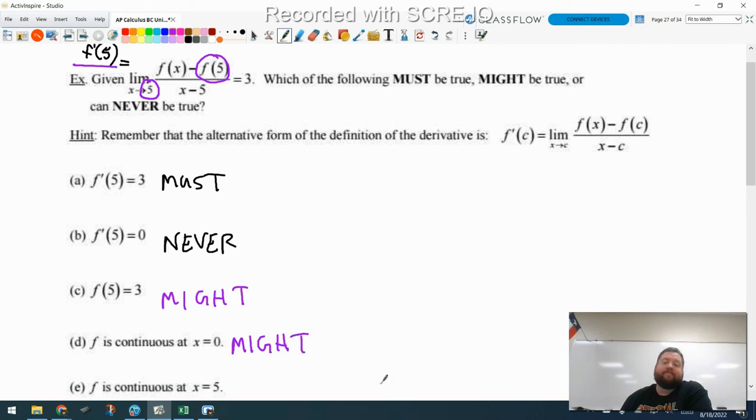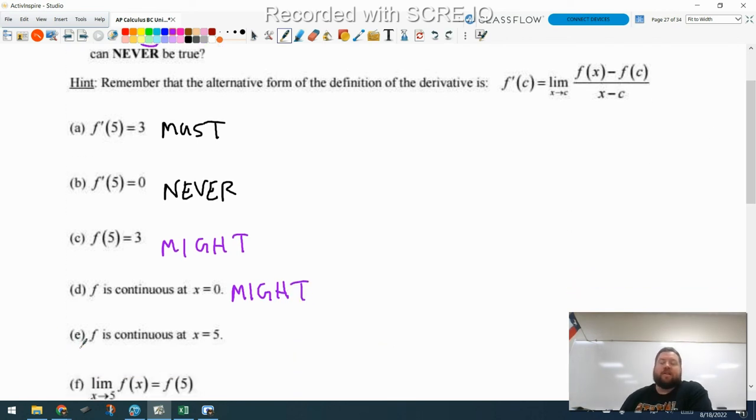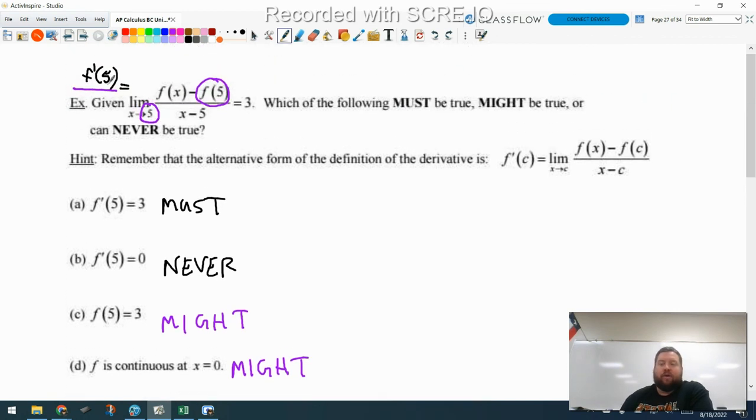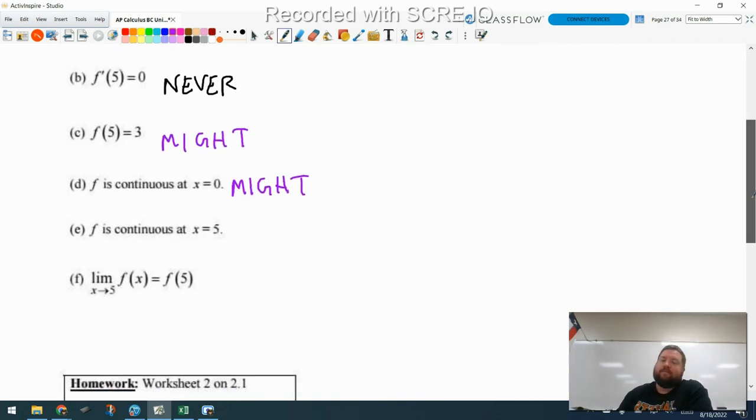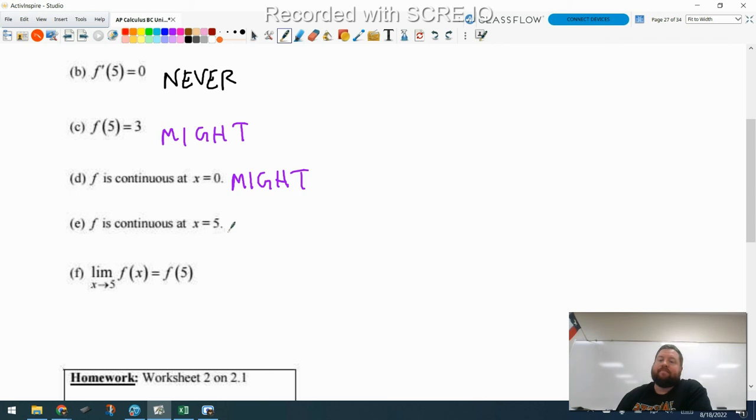That's another might. f is continuous at x equals 5. Okay, so how'd y'all write that sentence out? We know that f's derivative at x equals 5 is equal to 3. So the derivative exists at x equals 5, which means that f is differentiable at x equals 5. And if f is differentiable, then f must be continuous. So this is a must.